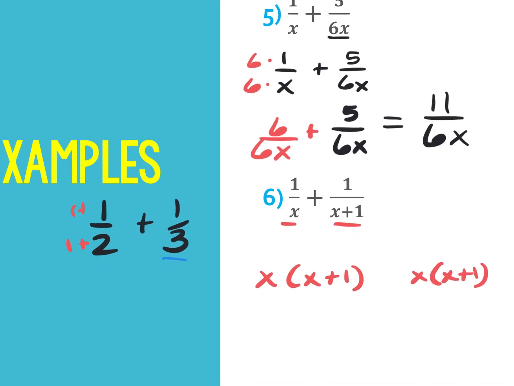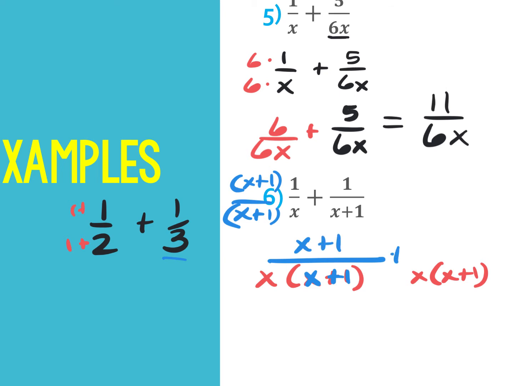And now we need to figure out what each one was missing. So the first one was missing the x plus 1. So you're going to multiply that to the top and the bottom. So then that's what went in here. And then the new numerator, 1 times x plus 1, is just x plus 1.